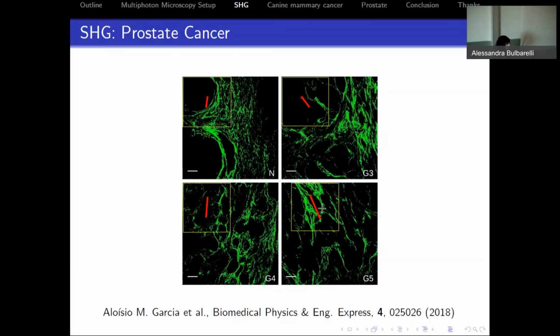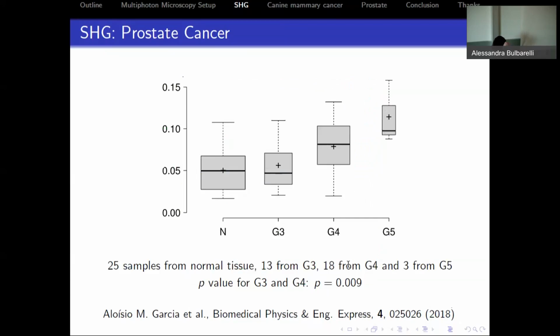So this long line means that this area marked by this yellow square has collagen which is much more aligned than this one. So those are the main results that were shown in the literature up to 2015, 2016-ish.